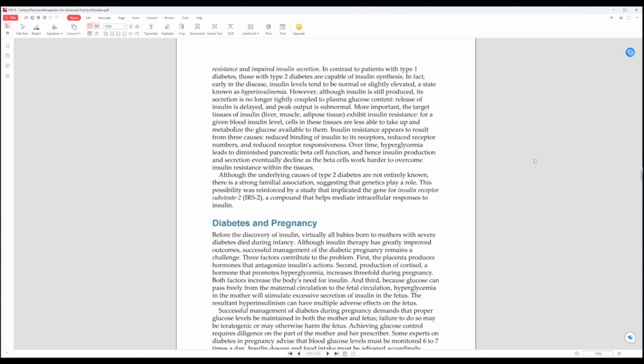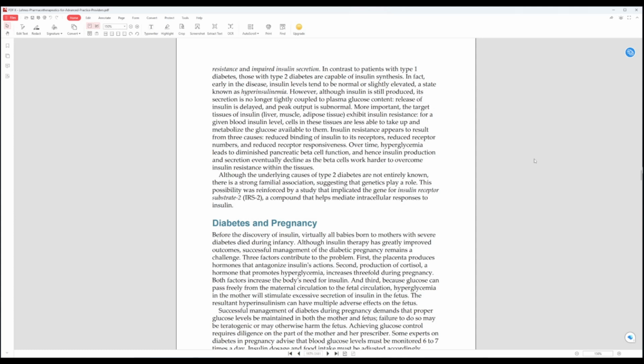Insulin resistance appears to result from three major causes: the reduced binding of insulin to its receptors, reduced receptor numbers, and reduced receptor responsiveness. Over time, hyperglycemia leads to diminished pancreatic beta cell function, and hence insulin production and secretion eventually decline as the beta cells work harder to overcome insulin resistance within these tissues.